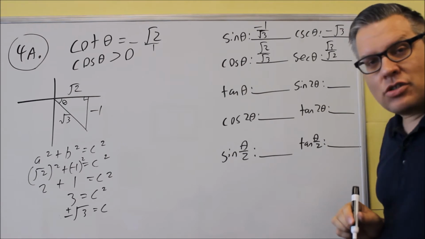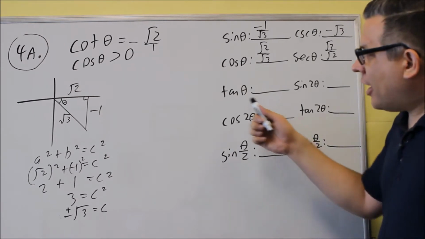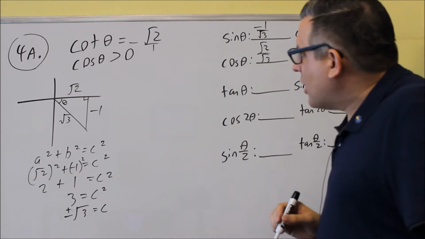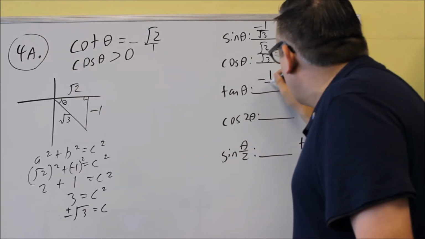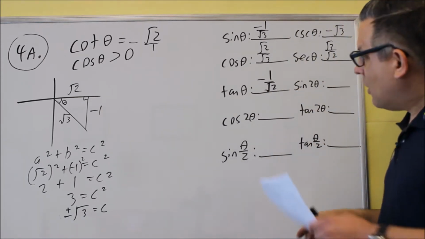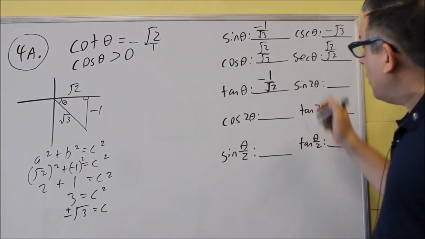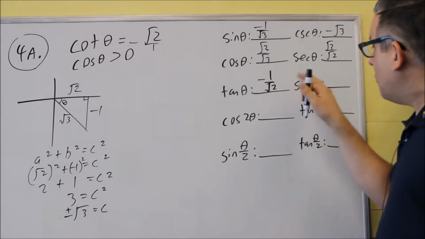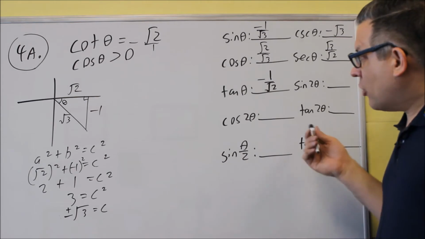Next, for tangent, we're going to take the reciprocal of cotangent, which in this case is just going to be negative 1 over square root of 2. So the first 5 things are pretty much going to be review. Again, on my answer key I rationalized all these, but I'm going to leave them in this form when I work this through.